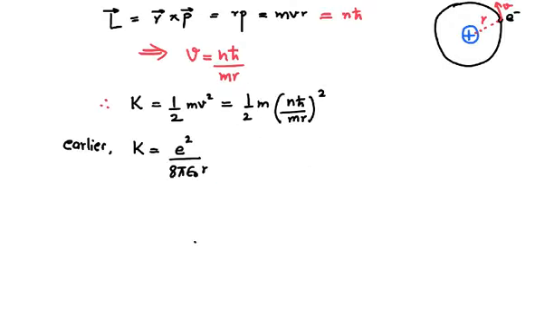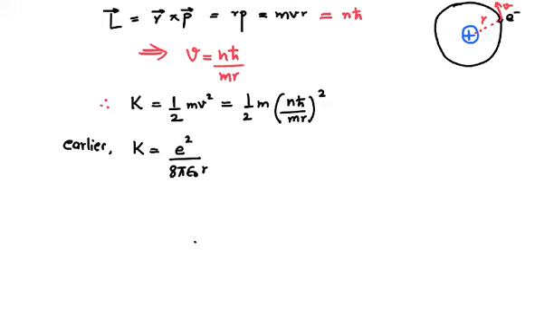So let's say an electron is moving around the nucleus with a radius r and linear velocity v. Then the angular momentum can be written as shown here, and this angular momentum is equal to n h bar. So I can get an equation for v, and from there I can calculate the value of the kinetic energy.